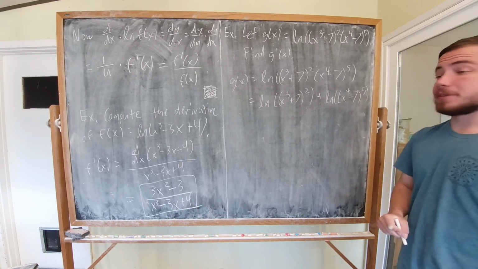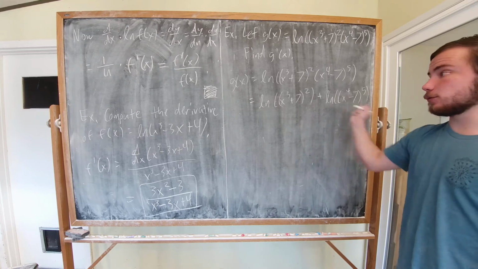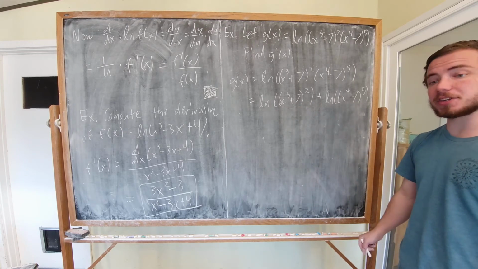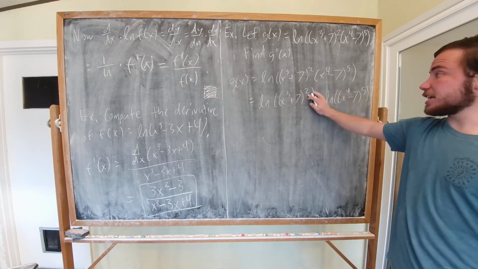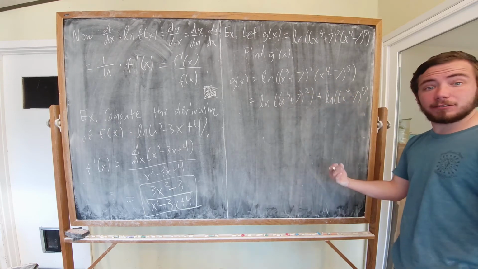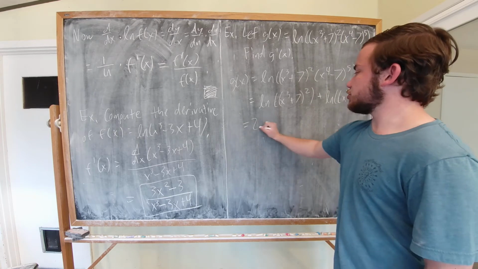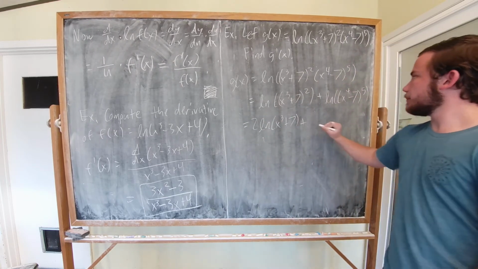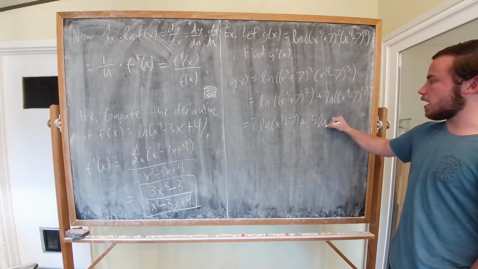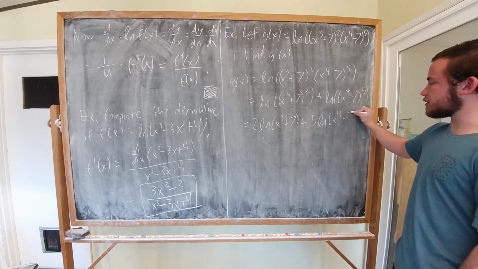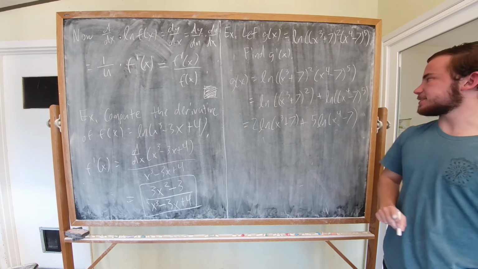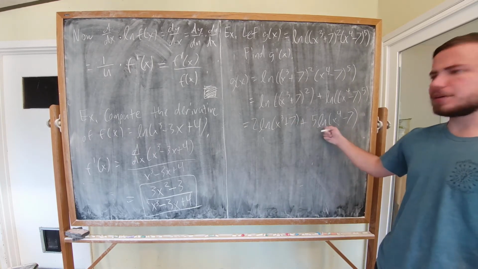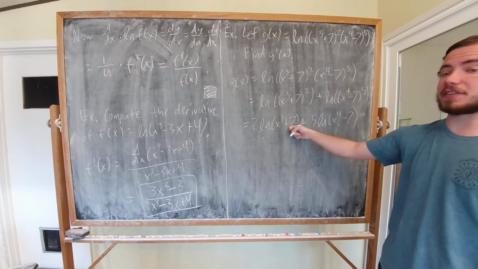Looking better. We can now chain rule each individual part, but it gets even better. Exponents pull down in front of logarithms. So this is really 2 times the natural log of x cubed plus 7 plus 5 times the natural log of x to the 4th minus 7. And both of these are now easy to compute the derivatives of the inside.